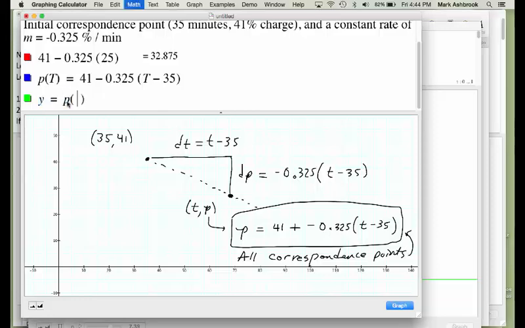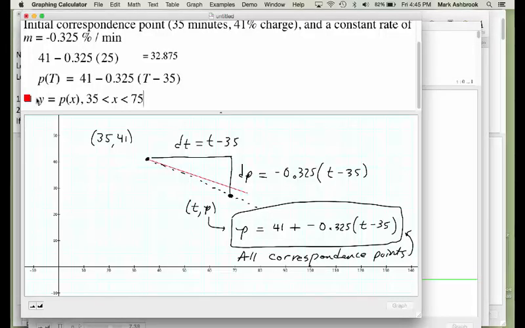I want P of x, and then we're going to start from x equals 35 because we don't know what happened before that, less than x and less than, so the end of class was 75, so let's just show it from 35 to the end of class, and if we hit graph, there is our line. Let's make it a better color. So there's red.